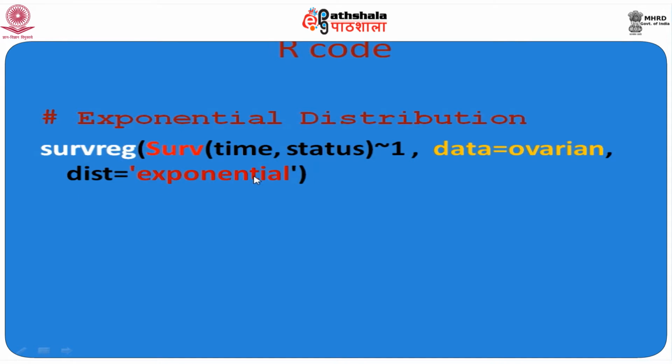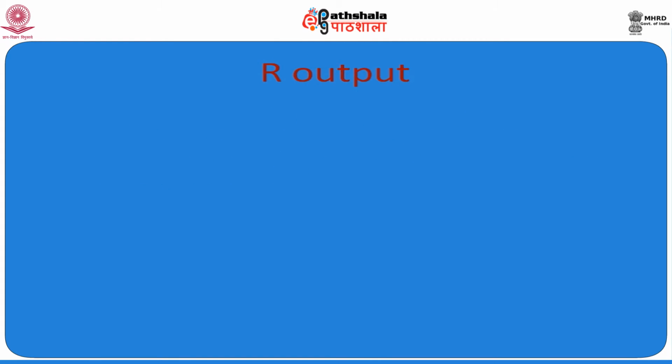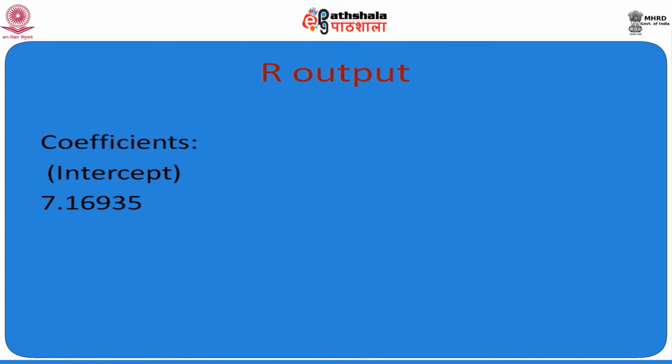Once we run this program, we get our output, with the intercept value 7.16, scale fixed as 1, and a total of 26 observations of the patients. So in this R code we did not consider any factor; we just considered the Surv function with time and status.